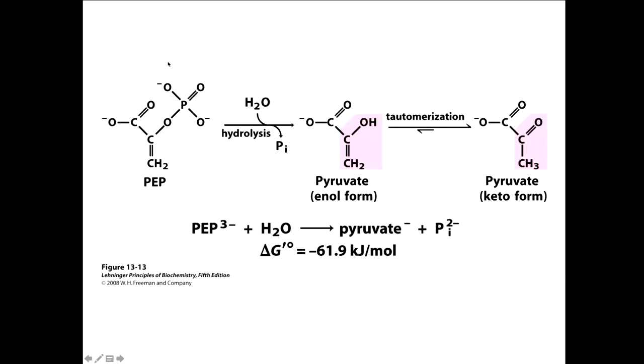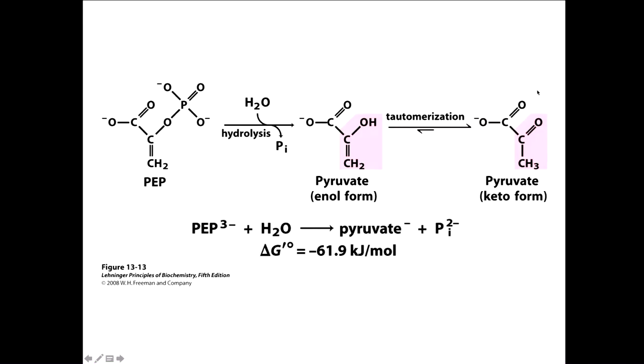So this is our phosphoenolpyruvate. Here's a phosphoryl group. Once you've given up the phosphoryl group as inorganic phosphate, you get this version of the product called pyruvate in its enol form. Then you get a little bit of movement of some of the electrons in the bonds, so that now you have pyruvate still, but in the keto form.